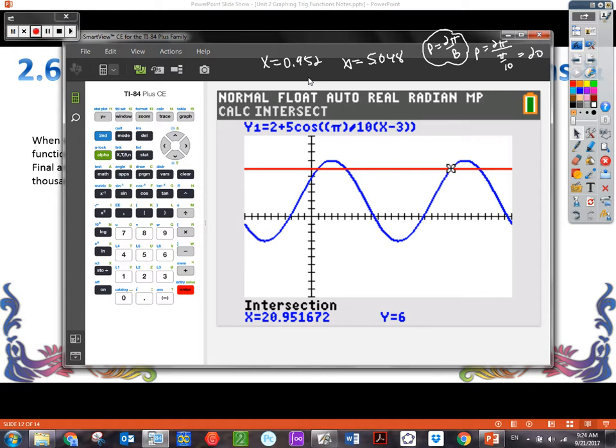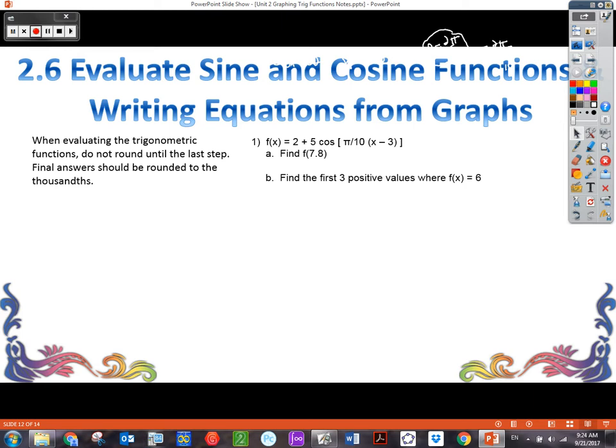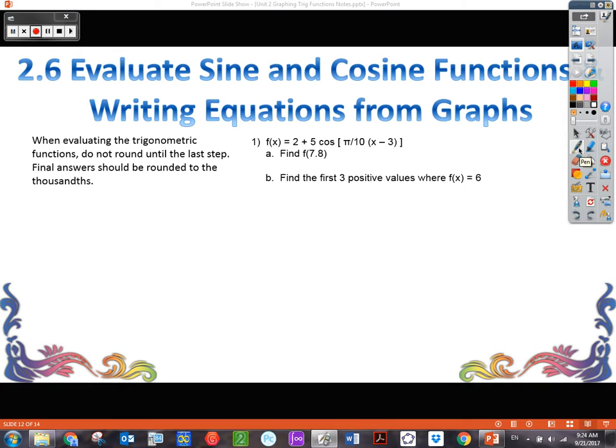All right, so let's go to our other page and write down our solutions. We have x equals 0.952 plus, it's going to be plus 20n, isn't it?